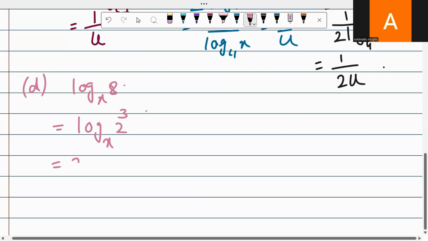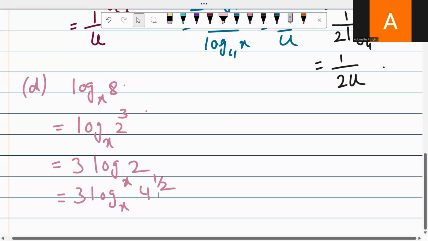So you can write it as 3 log base x of 2. Now again, you basically need 4 over here, so one more step you need to do. You can write 2 as the square root of 4, which is power 1 by 2.